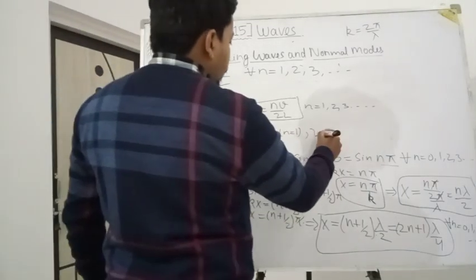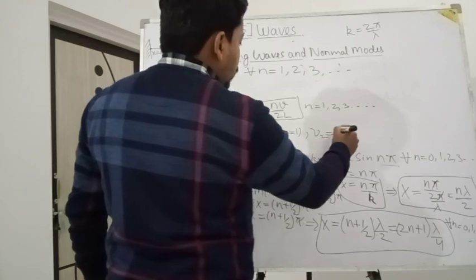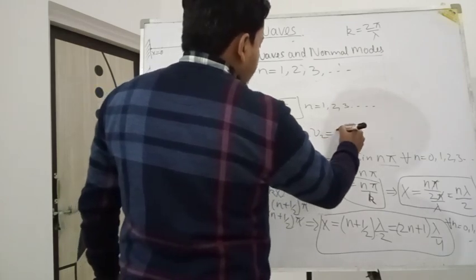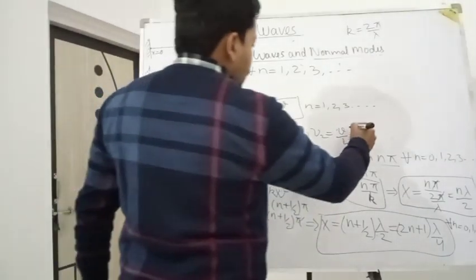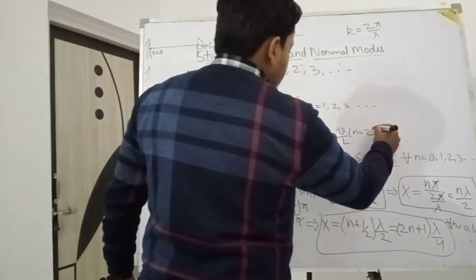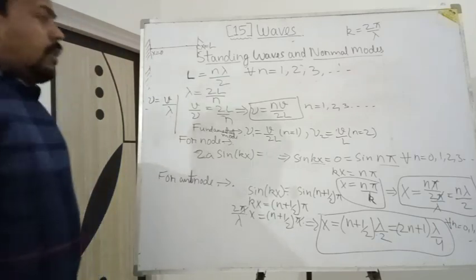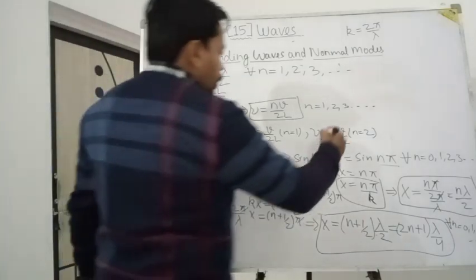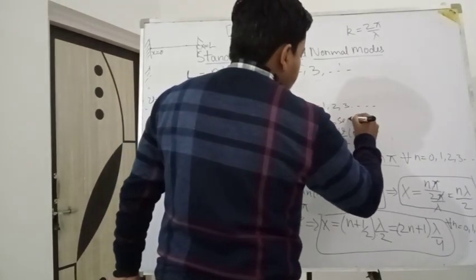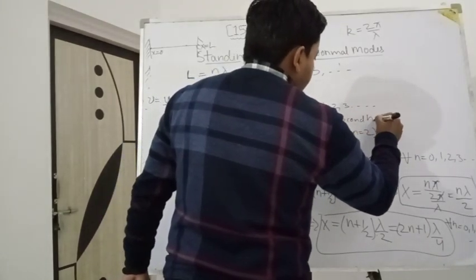And if we put n equals 2, then we will be getting V upon L. This is known as the second harmonic.